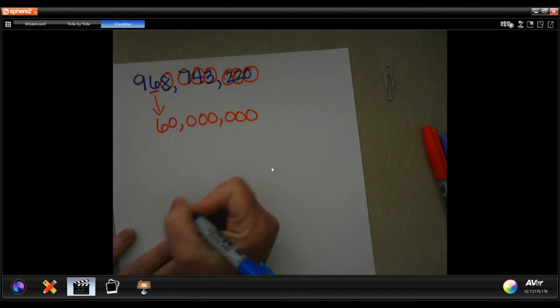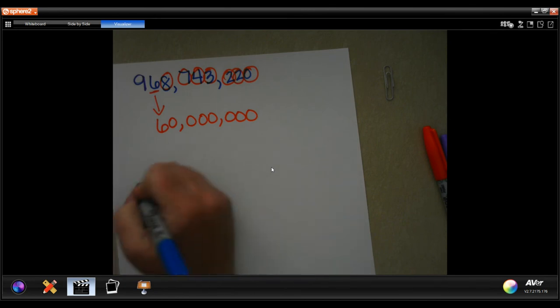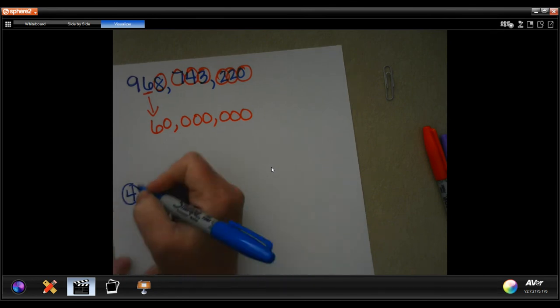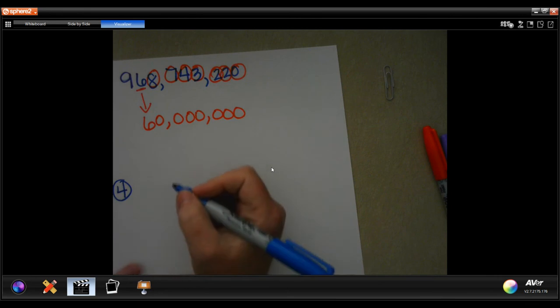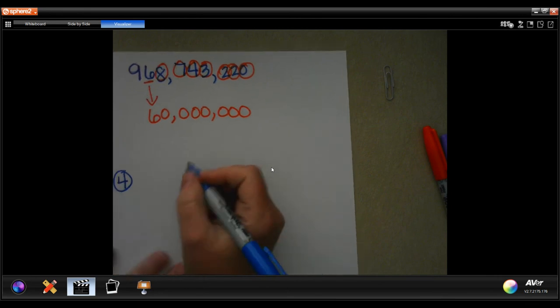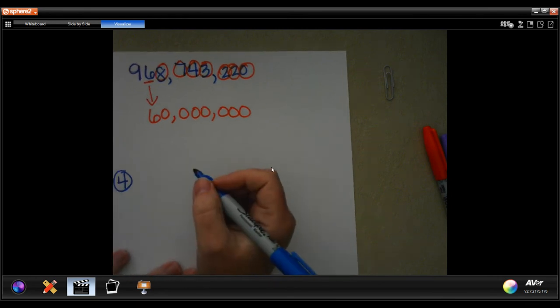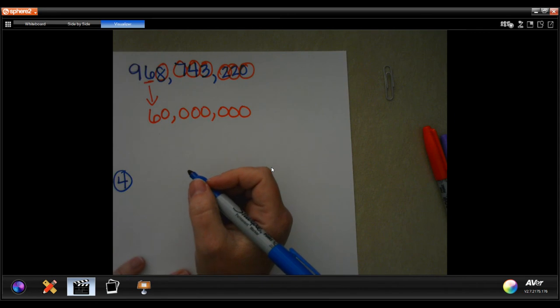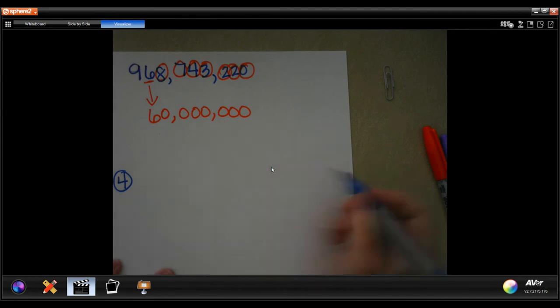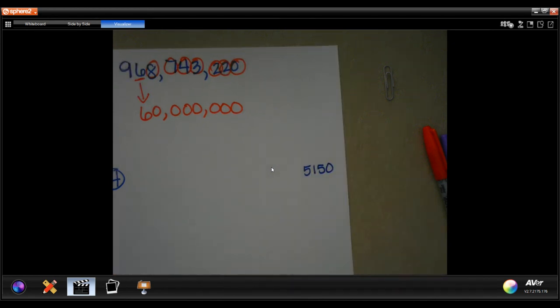Okay. You guys, we're going to do number 4 on the spiral review. And it says in Tama, Japan, monorail carries 92,700 riders each day. If the monorail usually carries 5,150 riders per hour, how many hours does the monorail run each day? So I'm going to go over here before I do anything, and I'm going to write down multiples of 5,150.